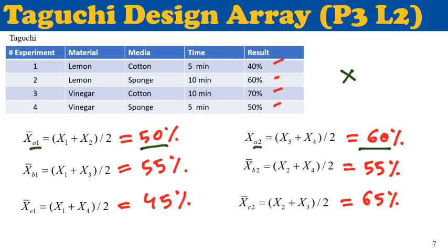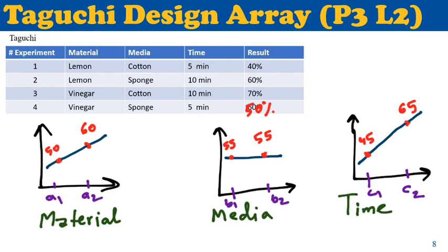What would be the effect for parameter 2, which is media, level 1, level 2. And same for the third parameter. So now let us plot this trend. So now we have plotted all the averages for each parameter. So for material, we plotted a level 1 to level 2 average, so 50, 60.